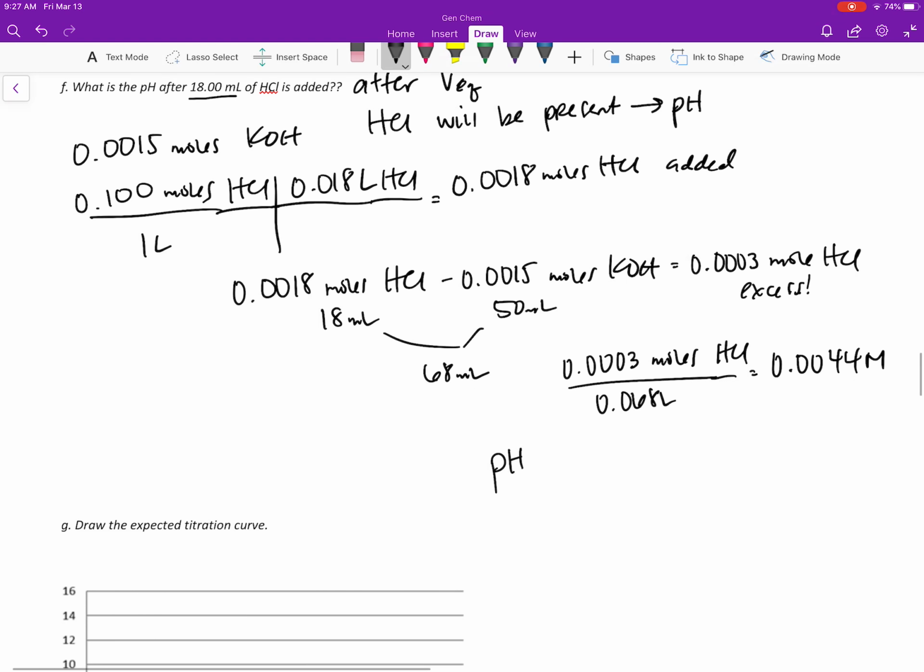Now this time, since the HCl is in excess, I'm only solving for pH because there's only H plus ions around. All of the OH has reacted with the HCl to form water, and then whatever HCl added that was extra is going to contribute to a pH, which is 2.36. Okay, so that's after the equivalence point.